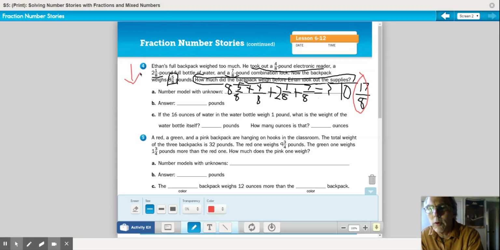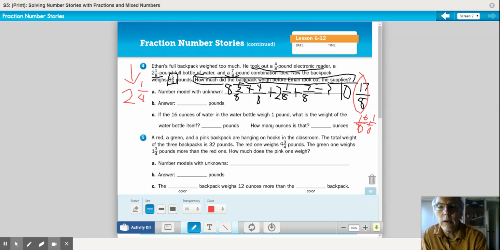So we're going to convert 17 eighths to 2, and then there's 1/8 left over, because 16 eighths plus 1/8 equals 17 eighths. So 2 1/8.